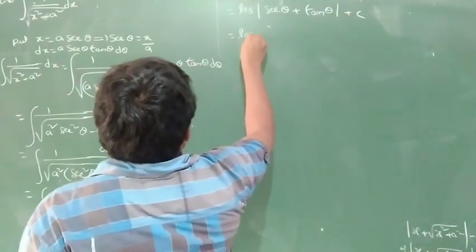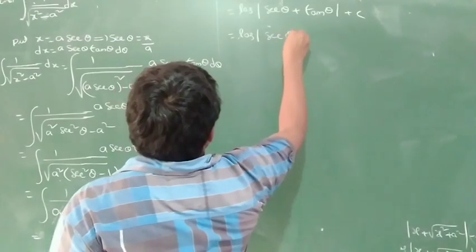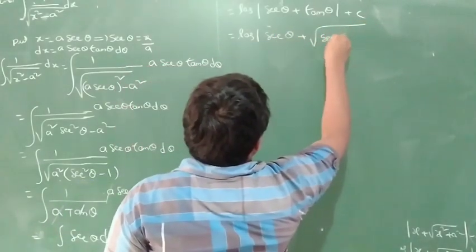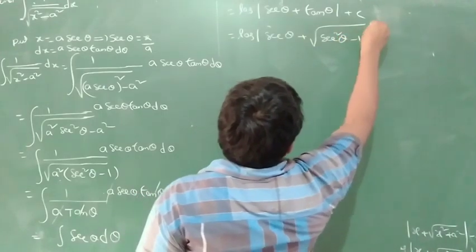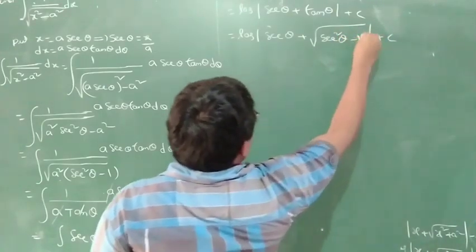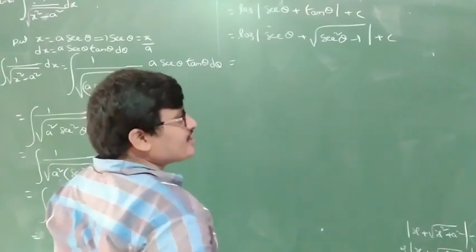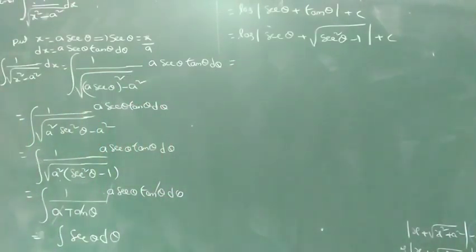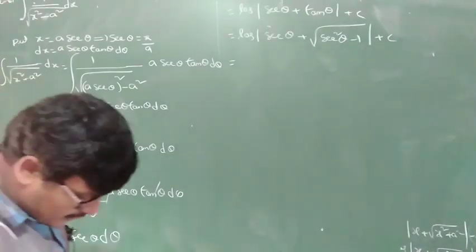That is equal to log mod secant theta plus root of secant square theta minus 1, because secant square theta minus tan square theta is equal to 1, so tan square theta is equal to secant square theta minus 1.